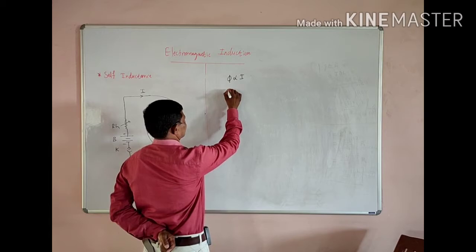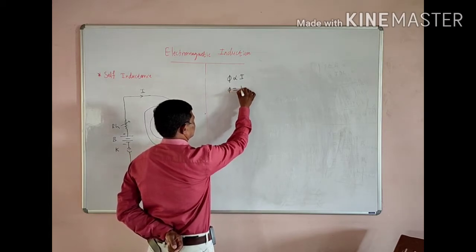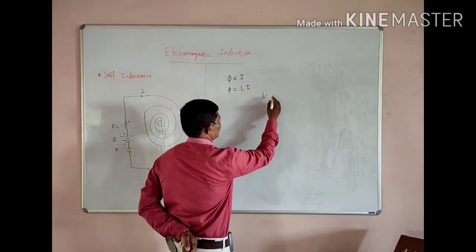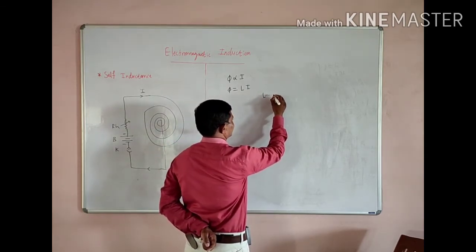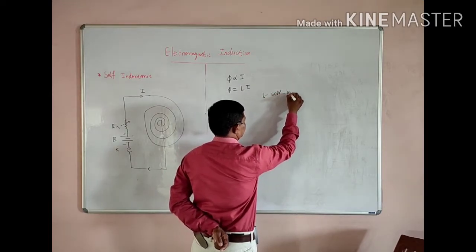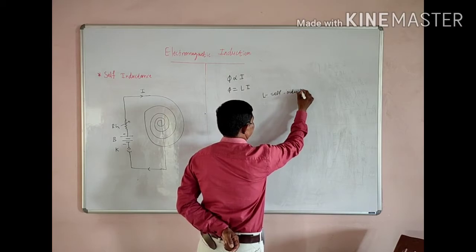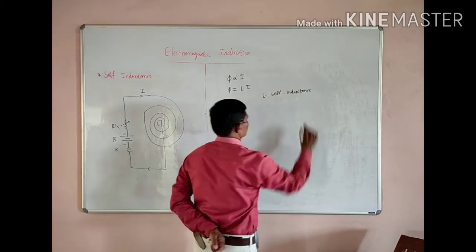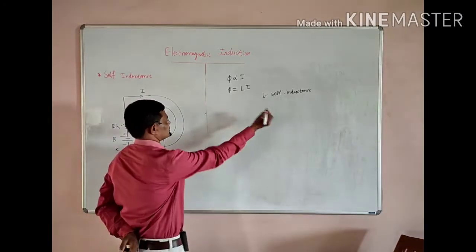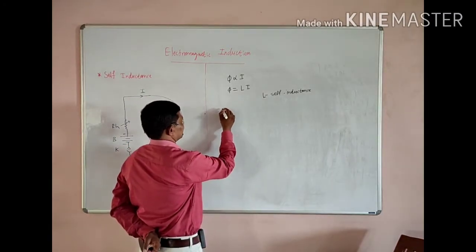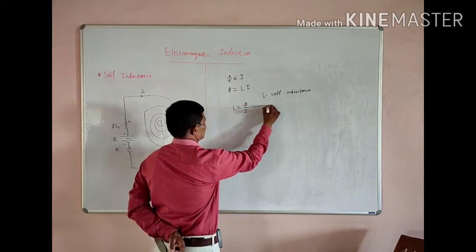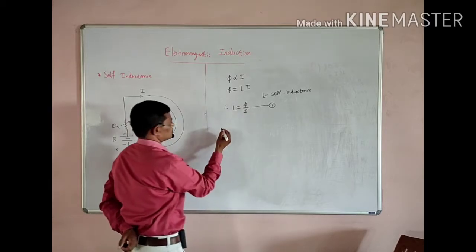That means phi is equal to L into I, where L is a proportionality constant called the self-inductance of a coil, or in other words, the coefficient of self-inductance of this coil. Therefore, L is equal to phi upon I. Suppose this is equation first.